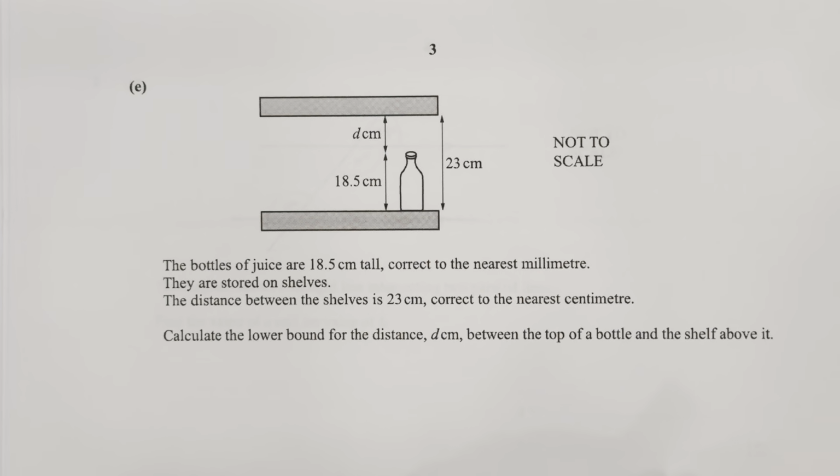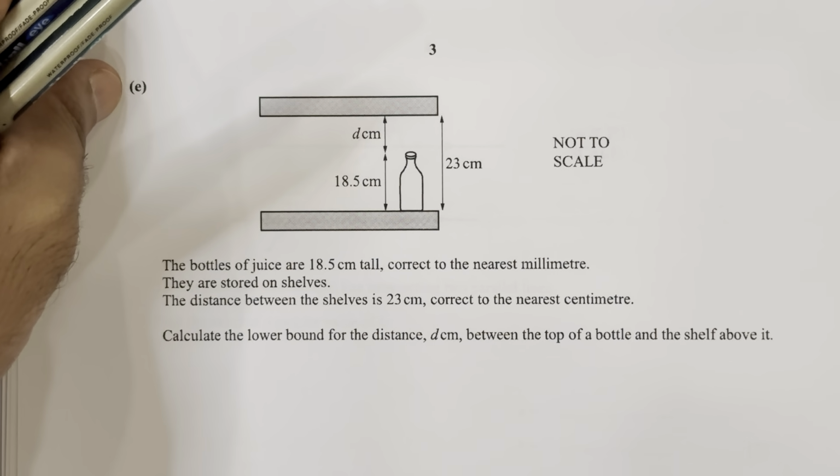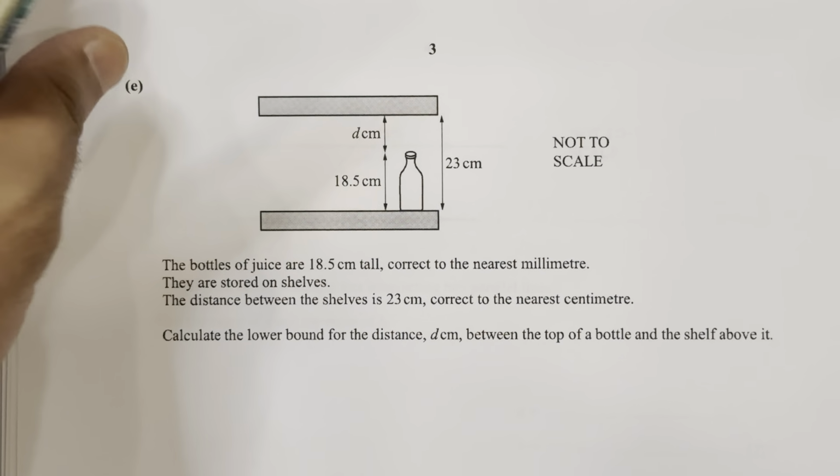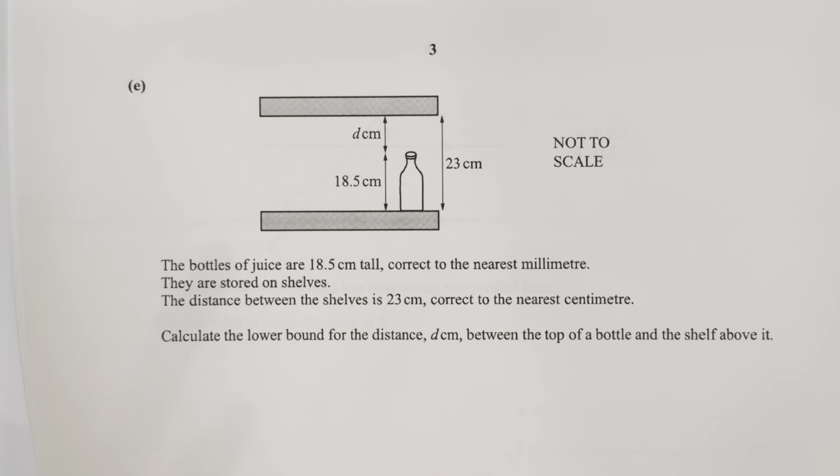Moving to its E part. The bottles of the juice are 18.5 centimeters tall, correct to the nearest millimeter. They are stored in a shelf. The distance between the shelves is 23 centimeters, correct to the nearest centimeter. Calculate the lower bound for the distance d centimeters between the top of the bottle and the shelf.